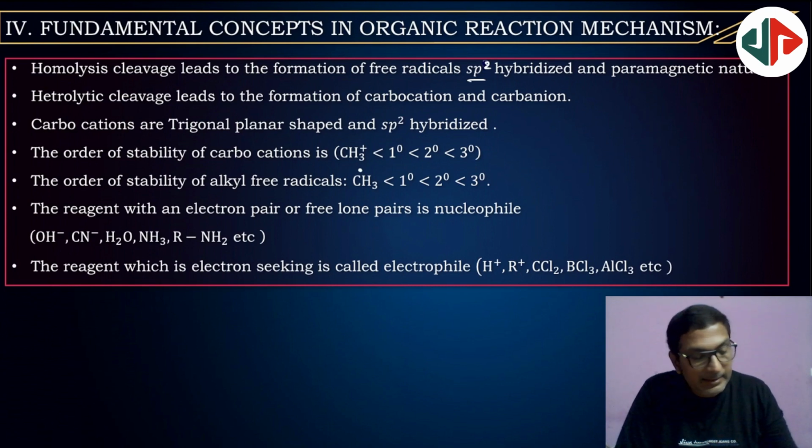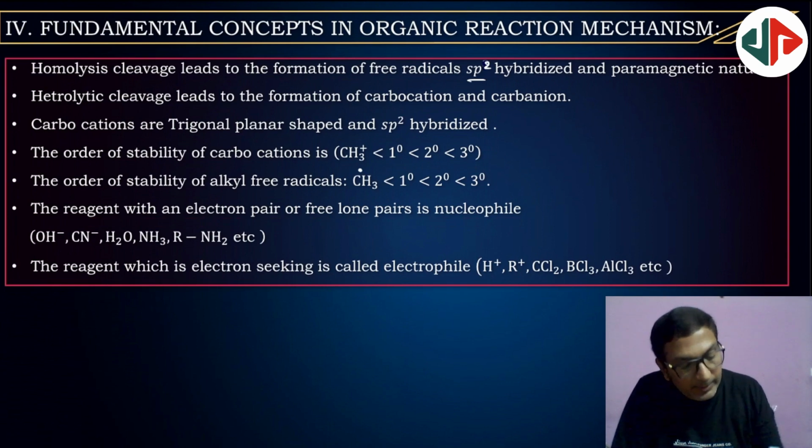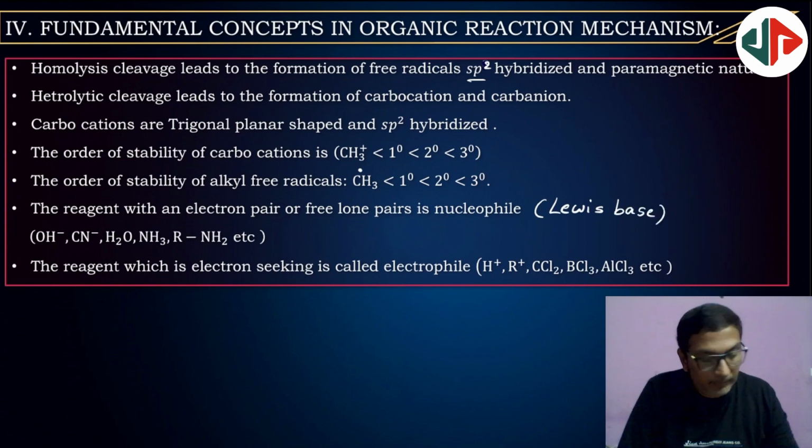Next, the reagent with an electron pair or free lone pair is a nucleophile. So nucleophile, you can take it as a Lewis base that can donate. Next, the reagent which is electron seeking, that means electron accepting, is known as an electrophile.